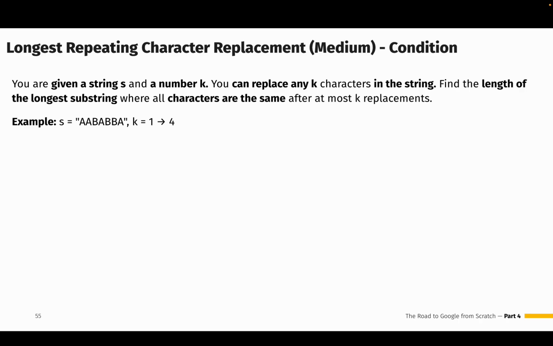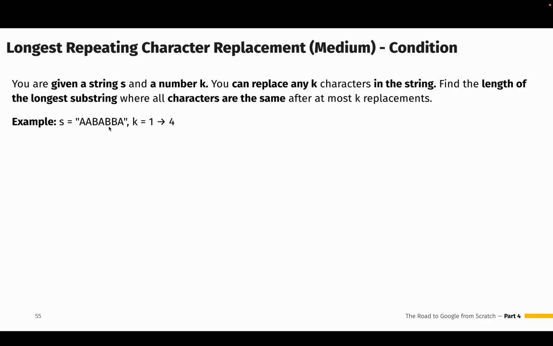Why so? Because let's imagine that we iterate through our array. We see the first character A, second character A. We point now to the B character. We select the most frequent character, which is A, and we replace B with A. Now we move forward, and at this point our max length, which we already found, is 4.